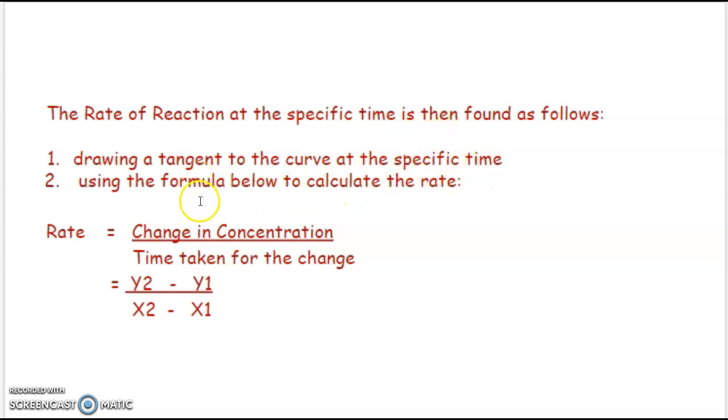Having done that, we'll then use the formula y2 minus y1 over x2 minus x1 in order to calculate the rate. Now, let us see what these y values and x values are, and how this calculation of the rate can be performed.